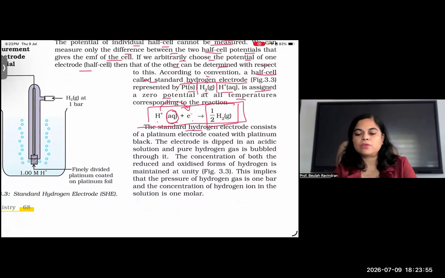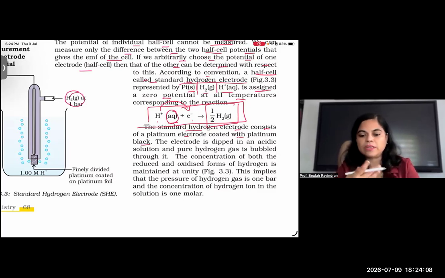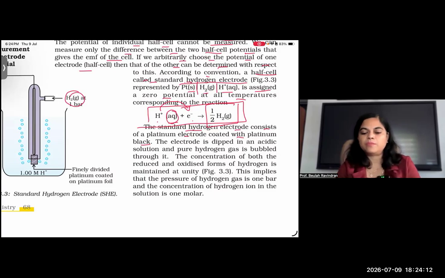The standard hydrogen electrode consists of a platinum electrode coated with platinum black. Since hydrogen is a gas, how can it be coated on the electrode? This can be done with the help of a platinum electrode coated with platinum black.